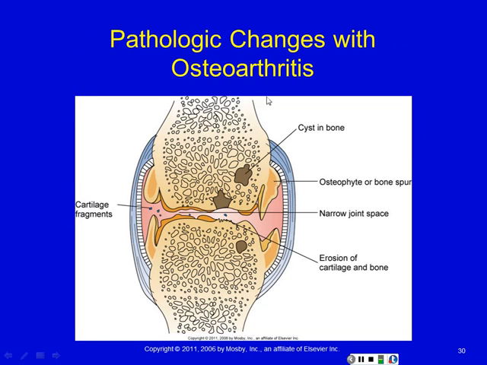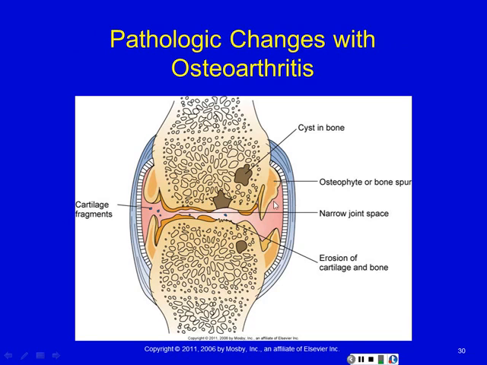So here's osteoarthritis in a picture. Here's the joint capsule. This used to be articular cartilage here, but you can see that it's been eroded away. Little chips of bone and cartilage are present. Those are the little osteophytes floating. On the sides of the bone, you end up with new bone growth as the bone tries to resolve this problem.